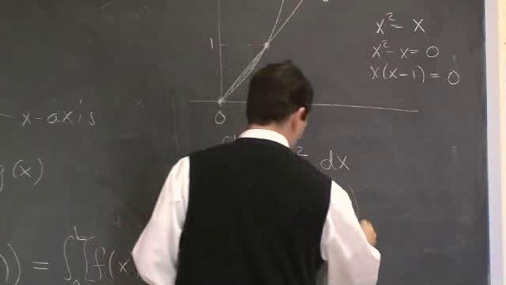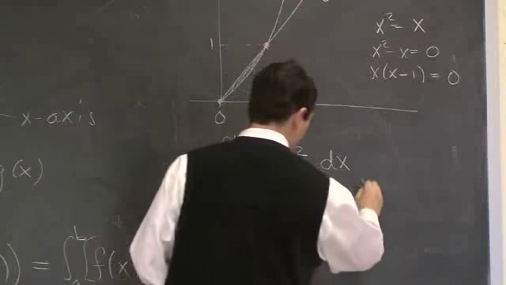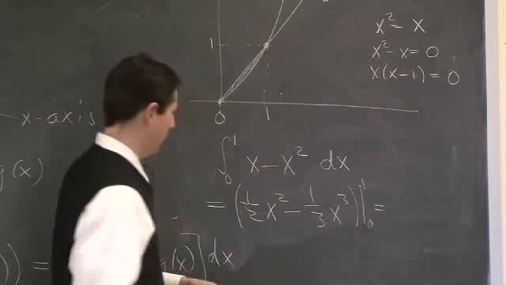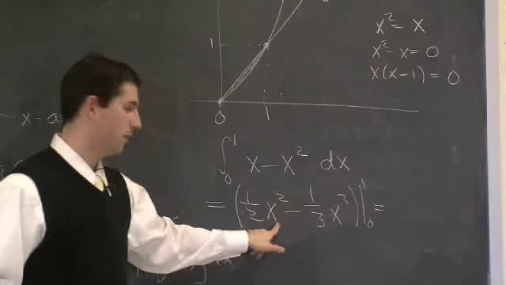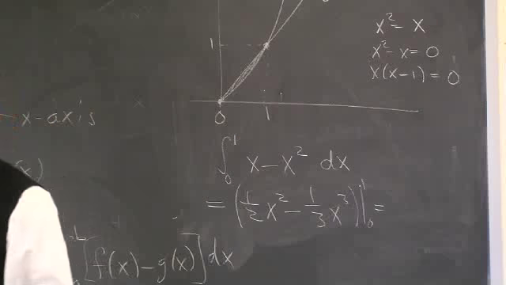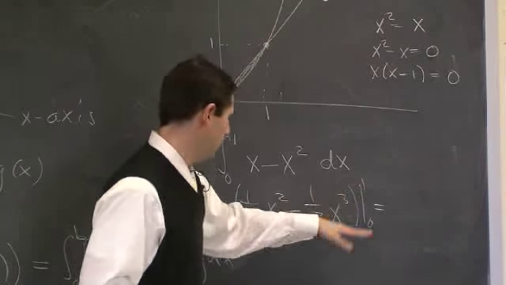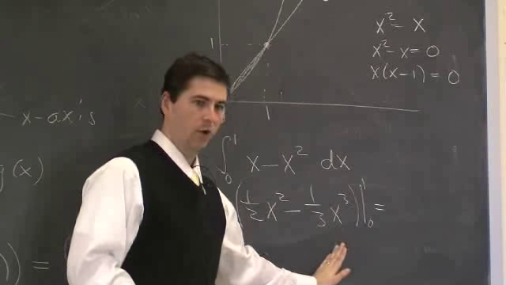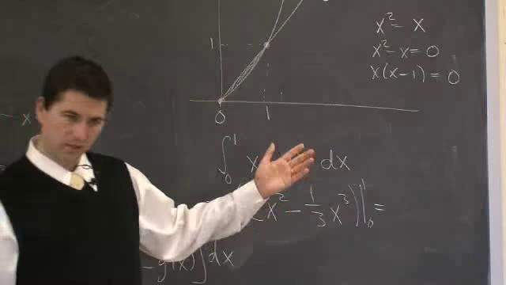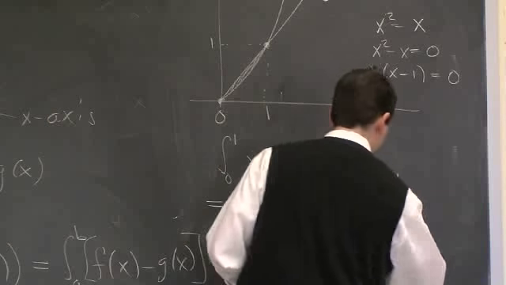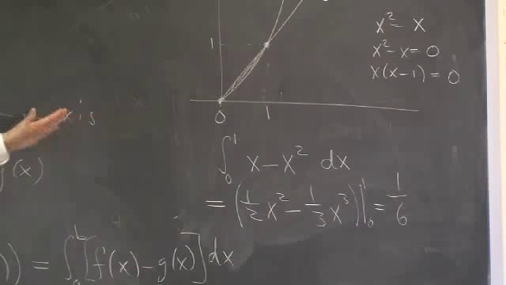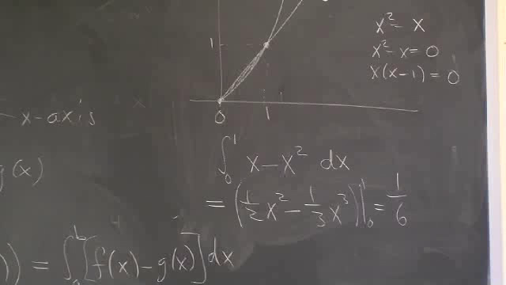Right? And then we have to evaluate at 1 and 0. The 0 is really nice. When we plug 0 in for x, everything just dies, so we just have to plug 1 in. And that's really nice because 1 squared and 1 cubed are both 1. So you just get a half minus a third, which is 1/6. So that's the area that they bound, 1/6. Neat.